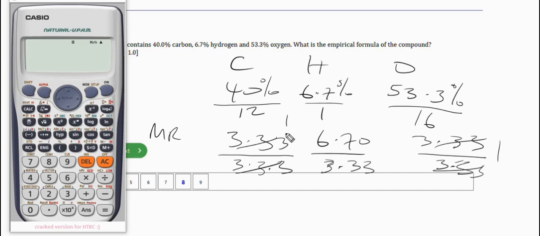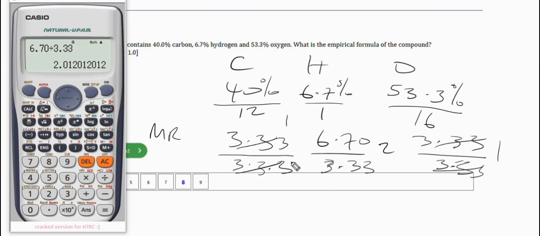So let's check the value for the other one. That's 6.70 divided by 3.33. The output is what? Okay, we have it to be 2.01, so it's still 2.